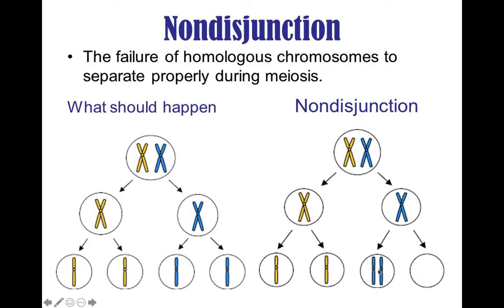Now remember, somebody might be thinking, but wait a second, I thought you said that trisomy would have to be 3. So remember, let's say that the one that says non-disjunction was the male, so this one that has the 2 blue chromosomes in it, that's the sperm cell. And let's say we go over here under the column where it talks about what should happen. Let's say this was the side that was female.